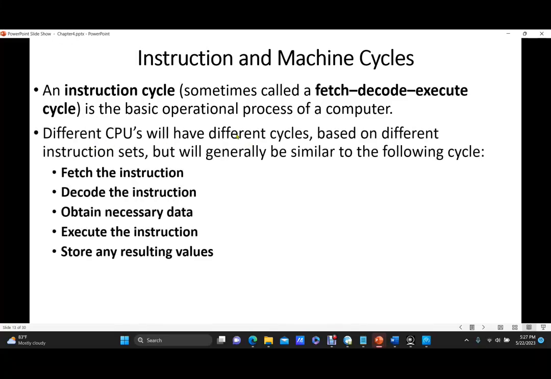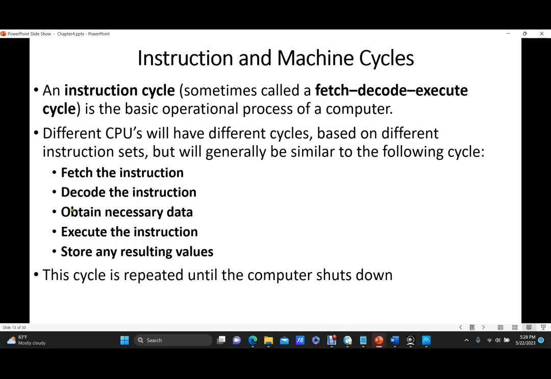Different CPUs have different cycles based on the different instruction sets, but generally they're all pretty much similar to the following: fetch an instruction, decode the instruction, obtain any necessary data, execute the instruction, store any resulting values, then fetch another instruction, decode that instruction, obtain the necessary data for that instruction, execute the instruction, store the resulting values, and do it again and again and again until the computer shuts down.